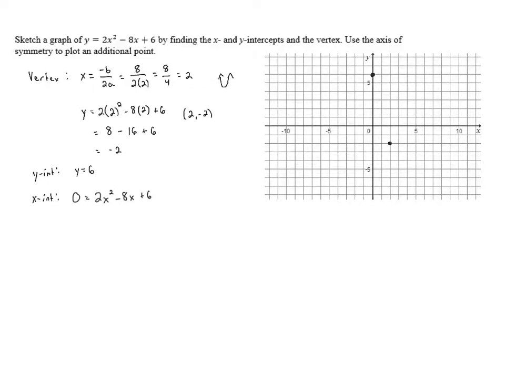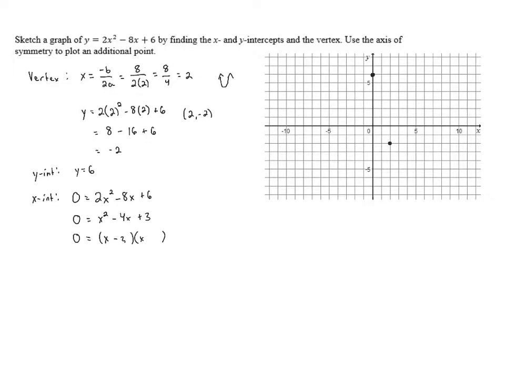Now here, all of these terms are divisible by 2, so we can make this simpler if we divide both sides of the equation by 2. That gives us 0 equals x squared minus 4x plus 3. And now we'll factor that. We need two numbers that have a product of 3 and a sum of negative 4.